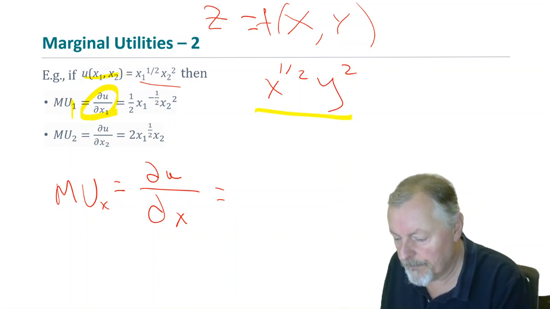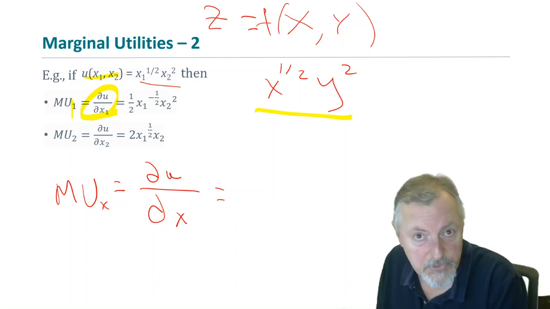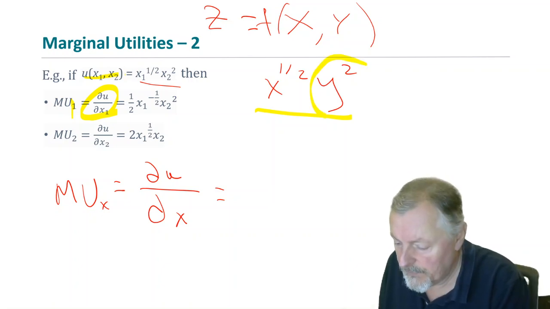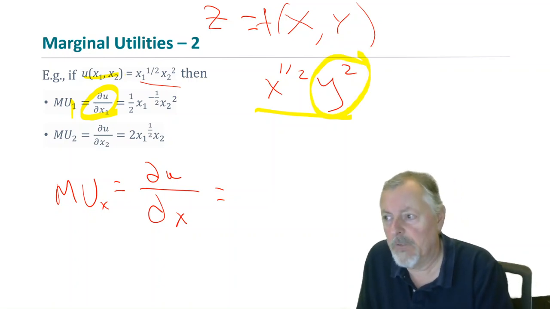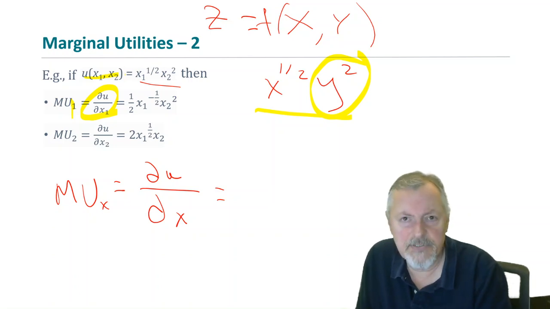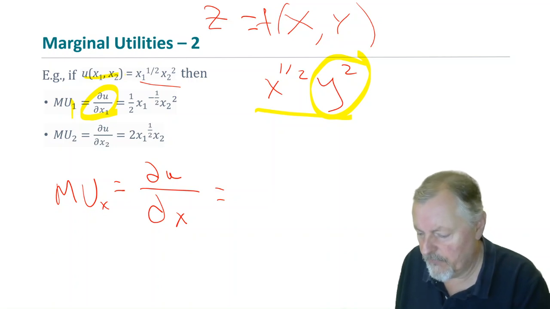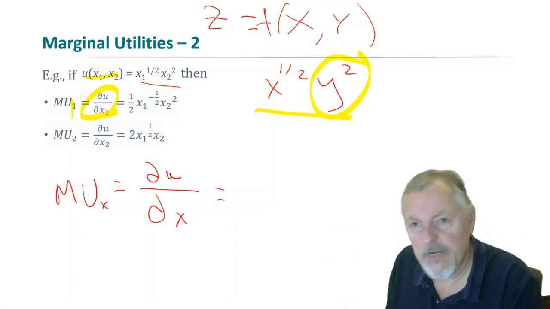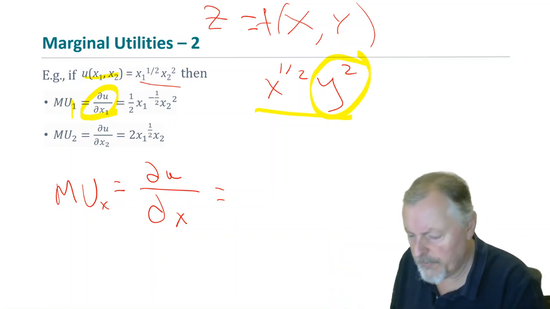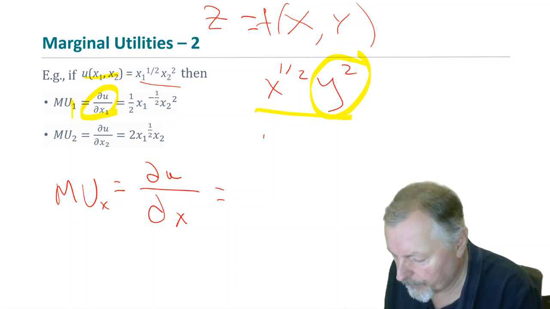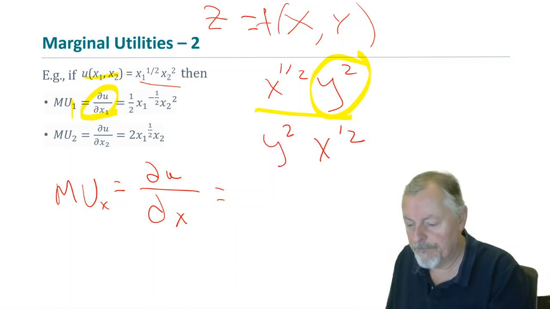So here, x is the variable we're taking the derivative of. What is y? It's some constant. Well, then we can take the derivative of that easily. I'm going to switch the order to make it a little more obvious. Y squared x to the 1/2.